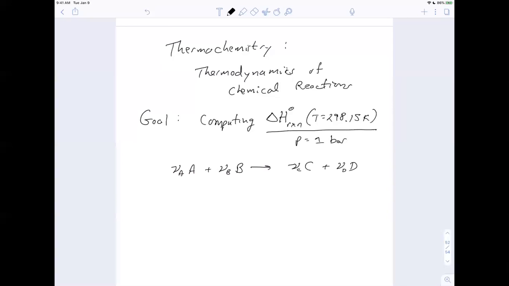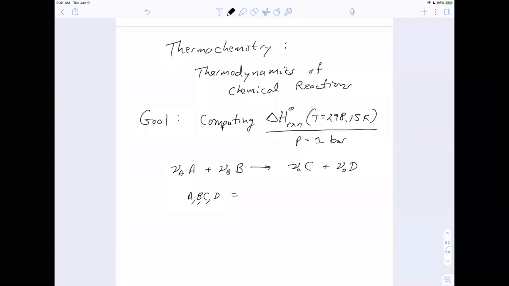Okay, so this is our chemical reaction where we have components, chemical species A, B, C, and D. Our chemical species can be either atoms, diatomics, molecules, whatever you want to call them.